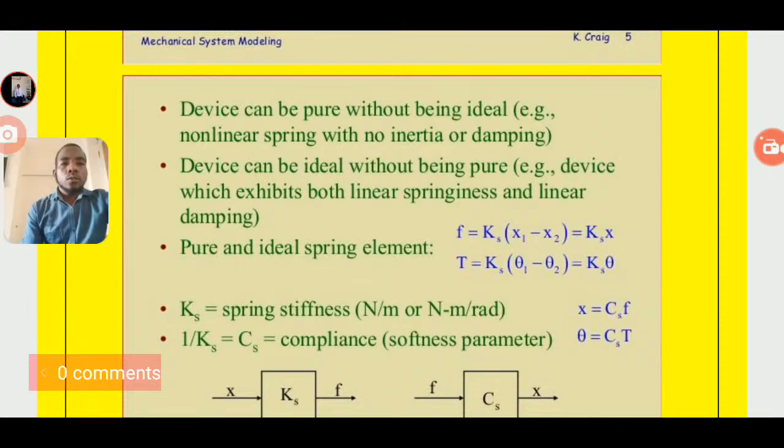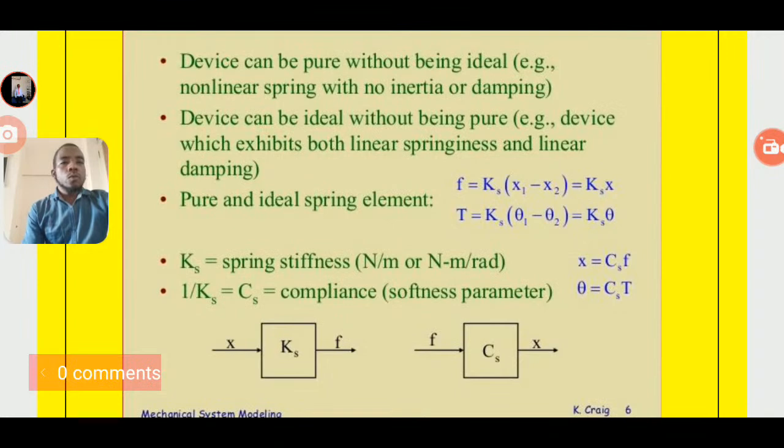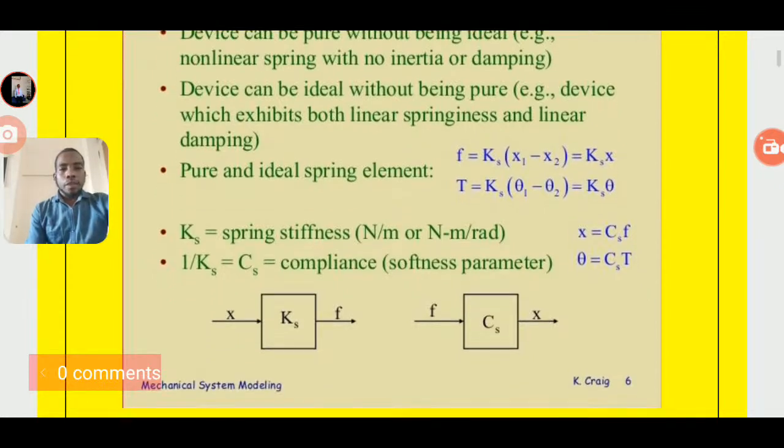A device can also be ideal without being pure. Example for this is a device which exhibits both linear springiness and linear damping. You have to understand these things. So, pure and ideal spring elements.